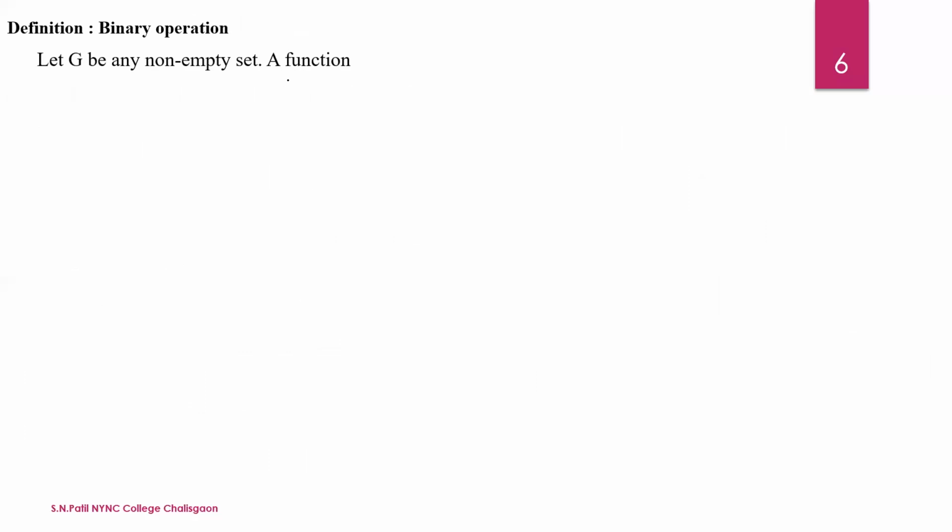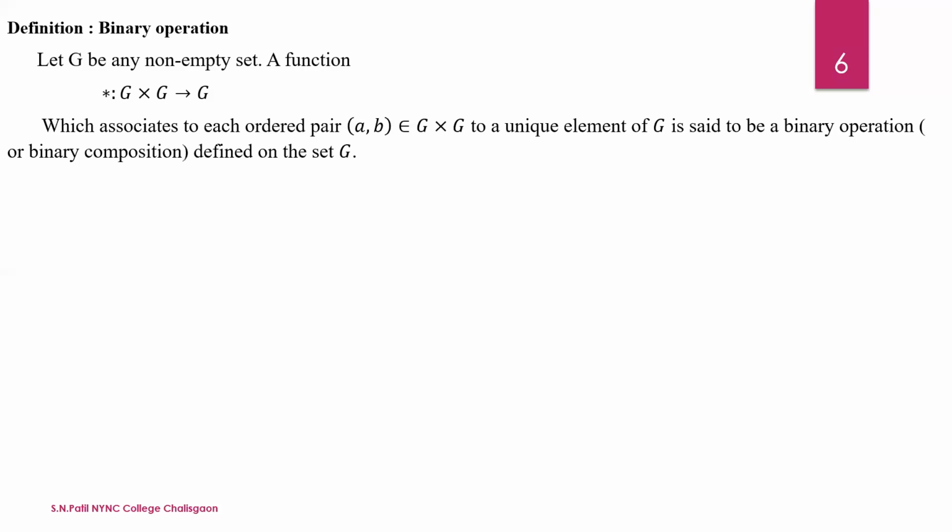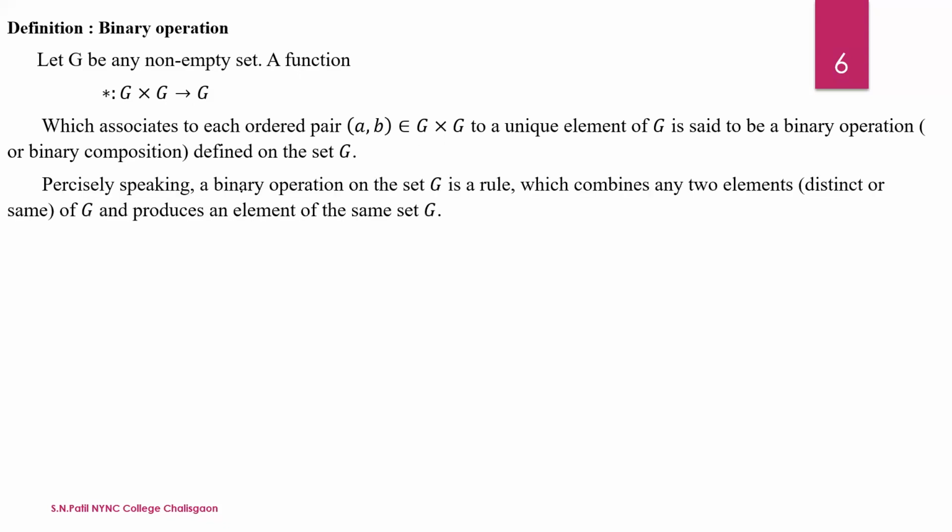A function star, which is how we denote the binary operation, from G cross G to G, which associates to each ordered pair (a, b) belonging to G cross G a unique element of G, is said to be a binary operation defined on the set G. Otherwise, a binary operation on the set G is a rule which combines any two elements of G and produces an element of the same set G.